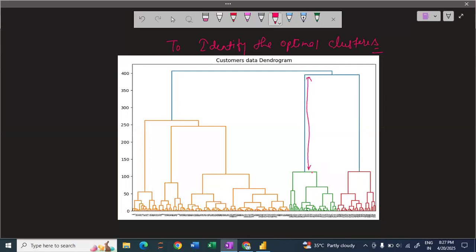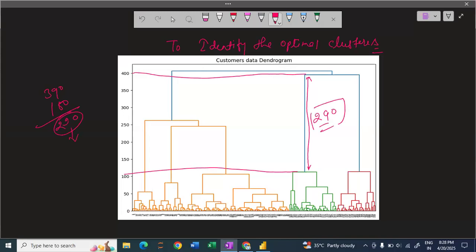It starts from 100 and goes up to approximately 390, right? 390 minus 100 gives 290. The distance is maximum here, 290.